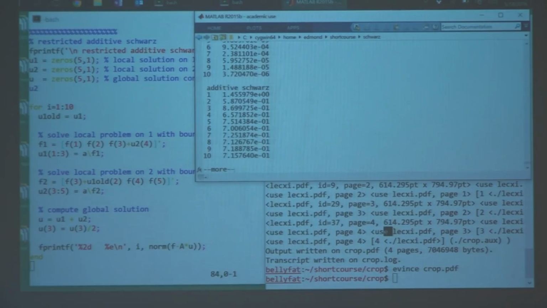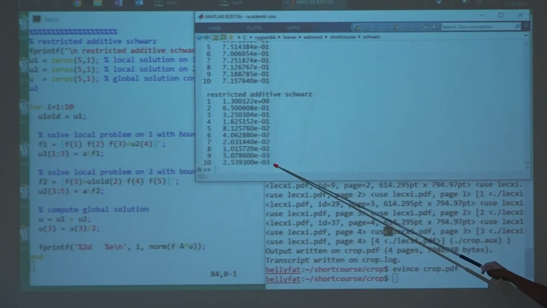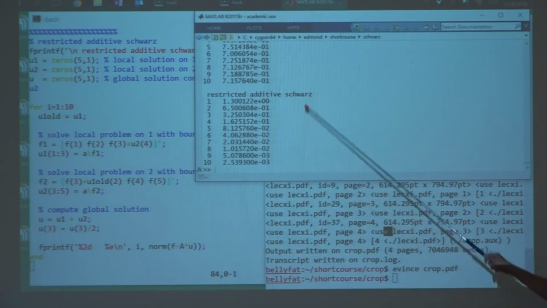And then for restricted additive Schwarz, a parallel method, which is better than additive Schwarz, you can see that it does converge. After 10 steps, it goes down to about 10 to the minus 3 in terms of residual. It's about half as fast as multiplicative Schwarz, which is what you might expect. This is a parallel method. Multiplicative Schwarz is not a parallel method.